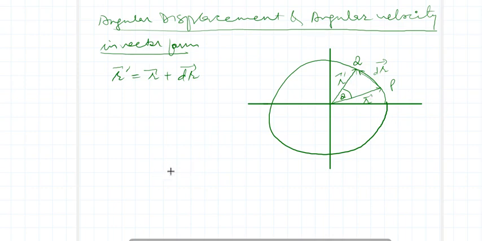Now d theta is the angle between r and r prime. So to incorporate d theta, what do we do? We will take the cross product.